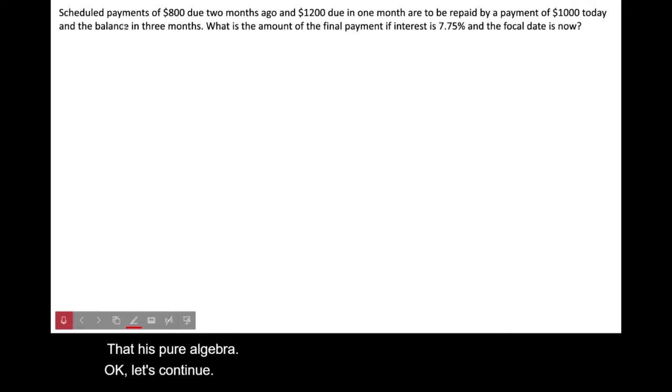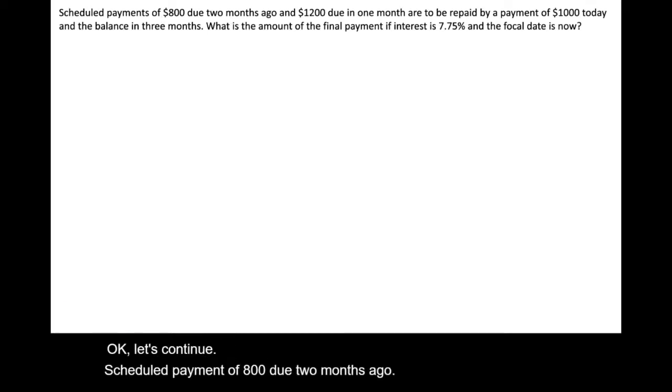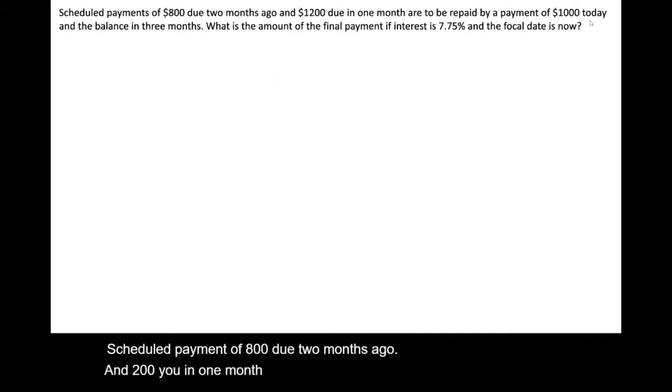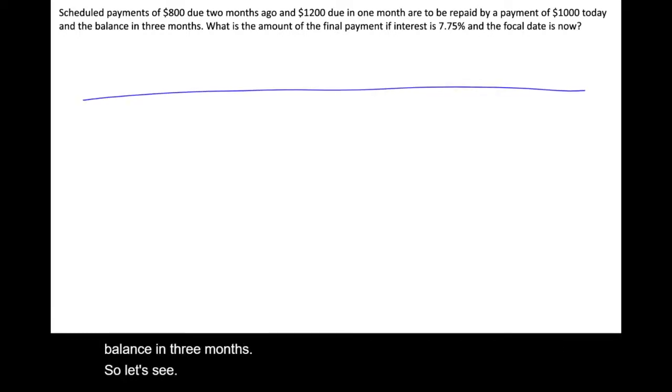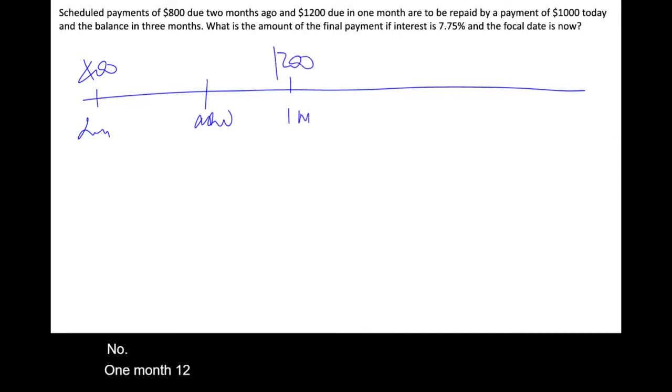Okay, let's continue. Scheduled payment of 800 due 2 months ago and 1200 due in 1 month are to be repaid by payments of 1000 today and the balance in 3 months. So let's see. 2 months, 800. Now 1 month, 800.